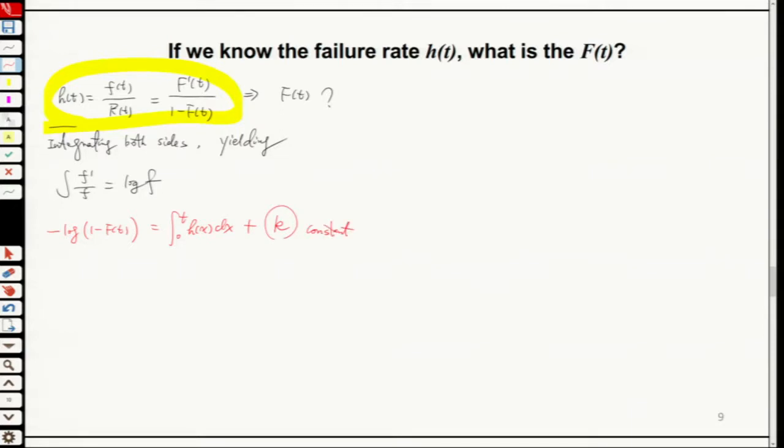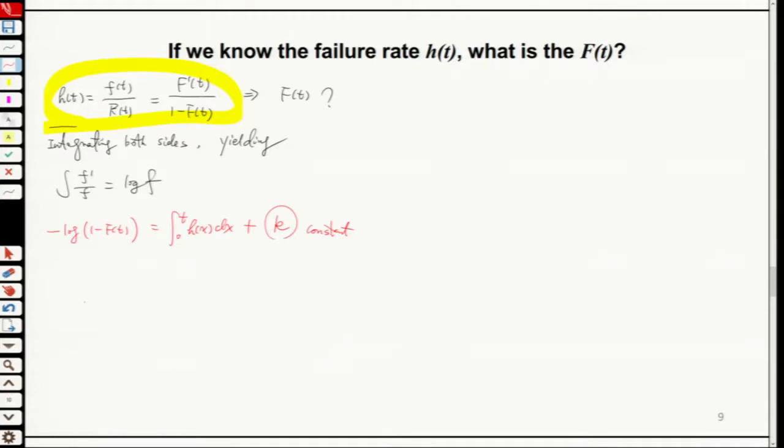Because if you take the derivative of the integral from 0 to t, then this becomes h(t). The other side: h(t) equals 1 over 1 minus F(t), then you take the differential of the top. Because you have the minus sign, you will see minus F prime(t), then the other minus sign makes it positive, F prime(t).